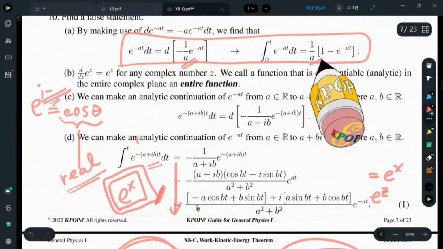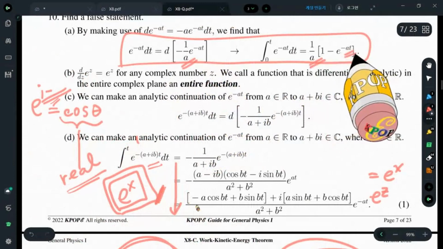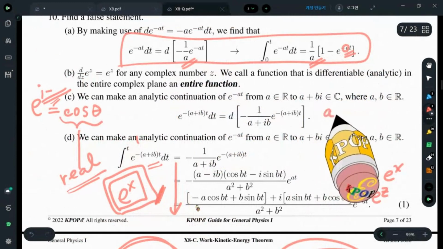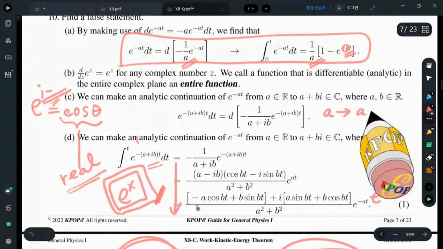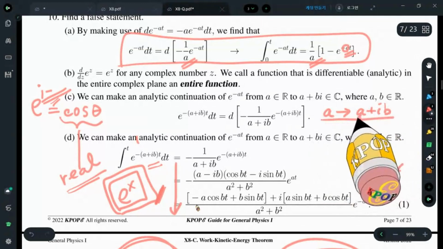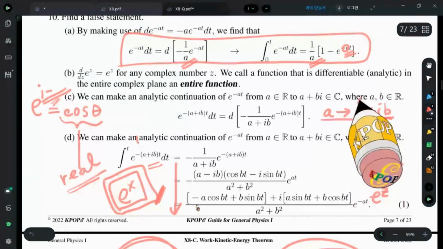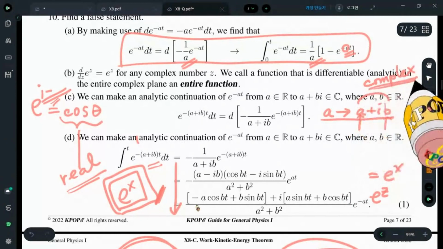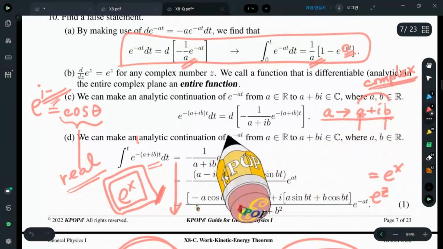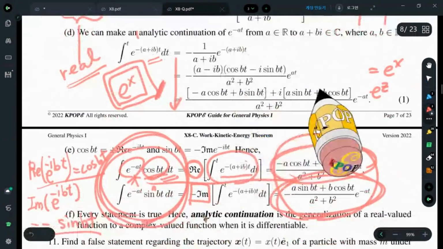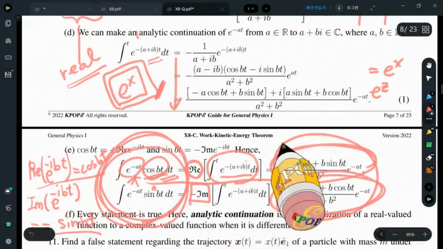You know the formula for the real variable function. Just replace this real number a with a plus ib. Both of them are real, but a plus ib is a complex number. This is true. And your calculation becomes very, very simple.